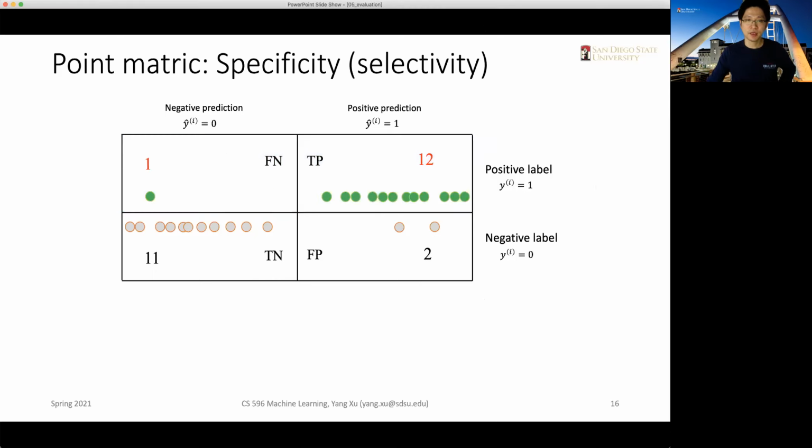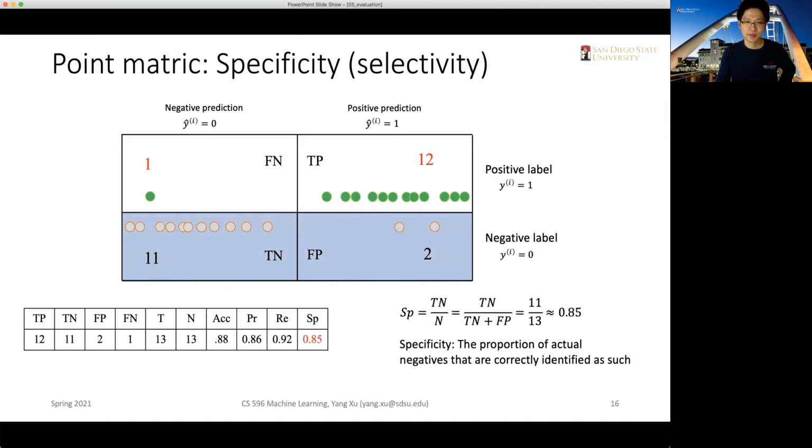Other than precision and recall, for example, here we have specificity. That is the proportion of actual negatives that are correctly identified as negative. So you can think of it as a negative version of the recall. In terms of the name, specificity is not used as often as precision and recall.